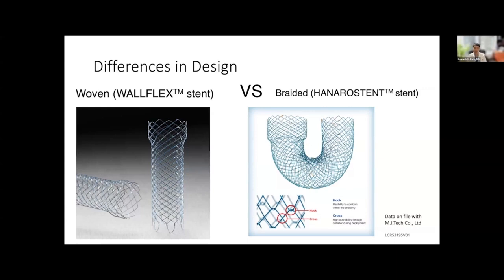So anyways, the difference in stent design: on the left is your traditional woven stent, and then to the right, as I said, is the braided Hanaro stent. Again, you can see the woven design of these nitinol wires versus the actual hook and cross design of the braided stent.